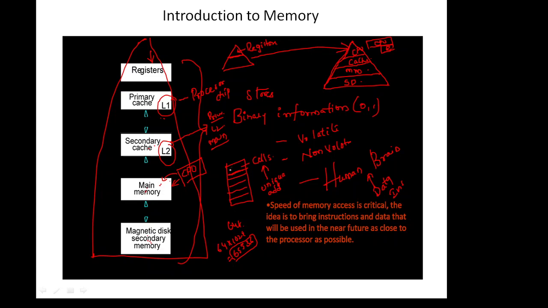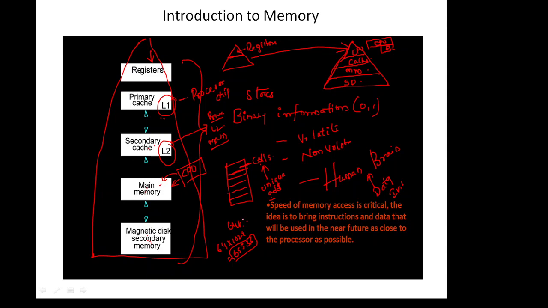So this memory is divided into small locations. Each location we call a cell. Each cell has a different unique address. So these addresses depend on the capacity of the memory processor. Fine. This is the introduction to memory.